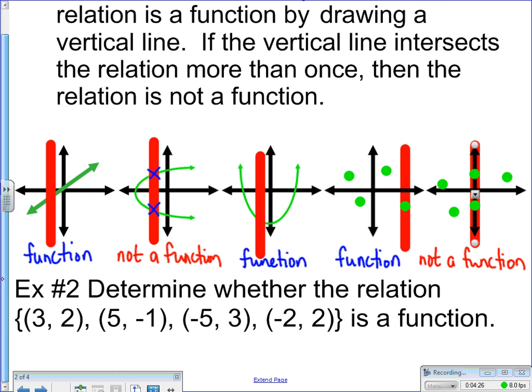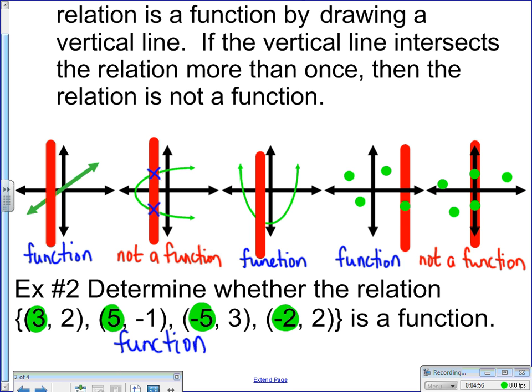Now the last example on this page is listing a relation as ordered pairs. So look at those 4 ordered pairs and determine if those 4 ordered pairs make a function. Okay, so 3, 5, -5, -2. Those are all different numbers, so this is a function.